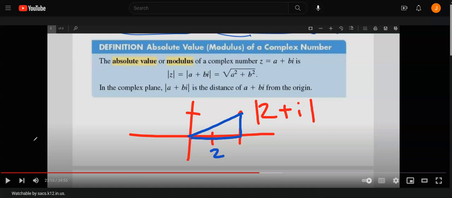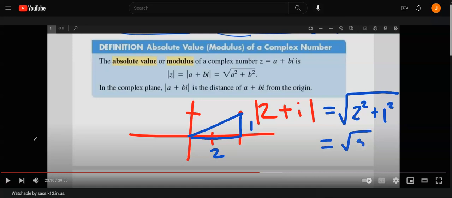It is the Pythagorean theorem again. 2 squared plus 1 squared. So it's just square root 5. Yes, folks, that's all it is. The absolute value of something is the Pythagorean theorem. It's distance away from 0. Do you worry about the i's? No, you just worry about the lengths of the sides of the triangle.